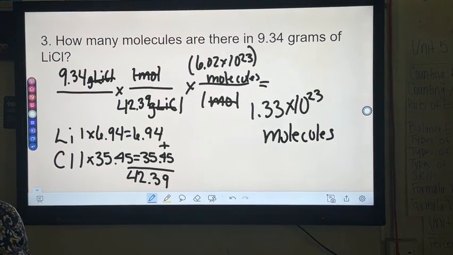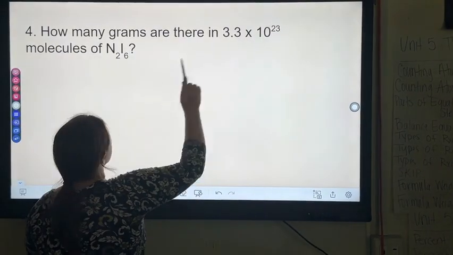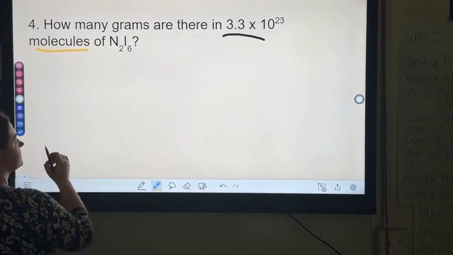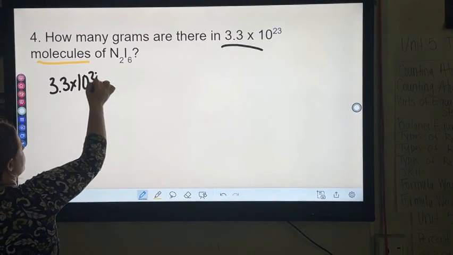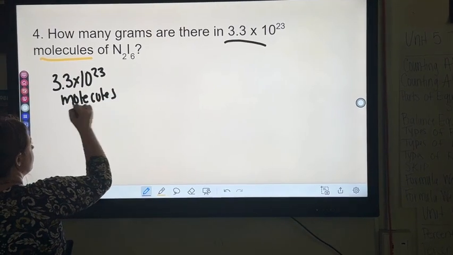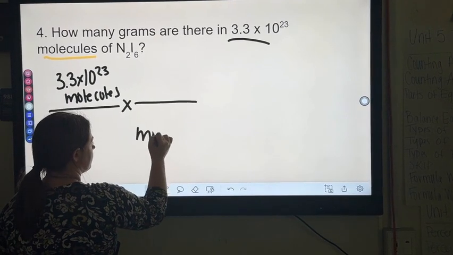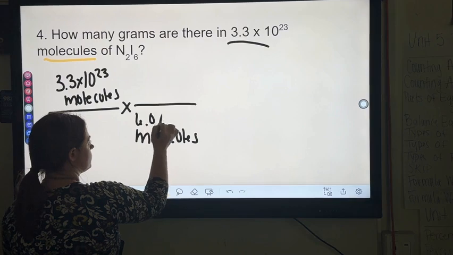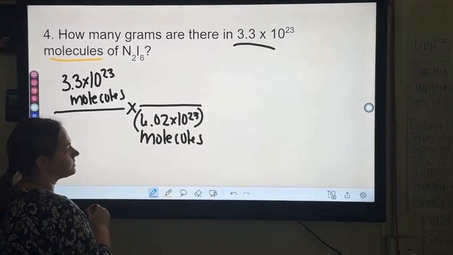We have one more 3-step with railroad tracks. Our given is 3.3 times 10 to the 23rd molecules, so we're going to work backwards this time. If you have molecules at the top, you need molecules at the bottom. So 6.02 times 10 to the 23rd molecules is always equal to 1 mole.